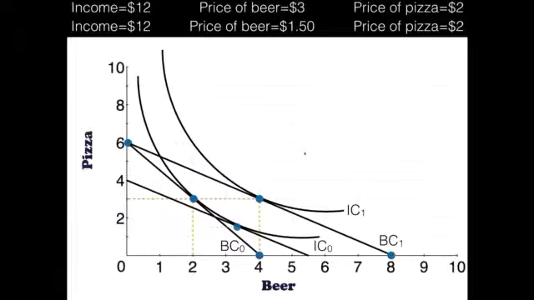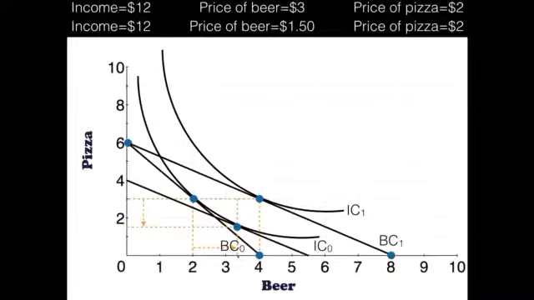So if we take a look at that, that is the utility maximizing combination, and that gives us the amount of pizza and the amount of beer that would be consumed. So this gives us the income and the substitution effects. For the substitution effect, we see that there's a decrease in the consumption of pizza from 3 down to, let's say, 1.5, and this is causing an increase in beer consumption from 2 to, let's say, 3.3.